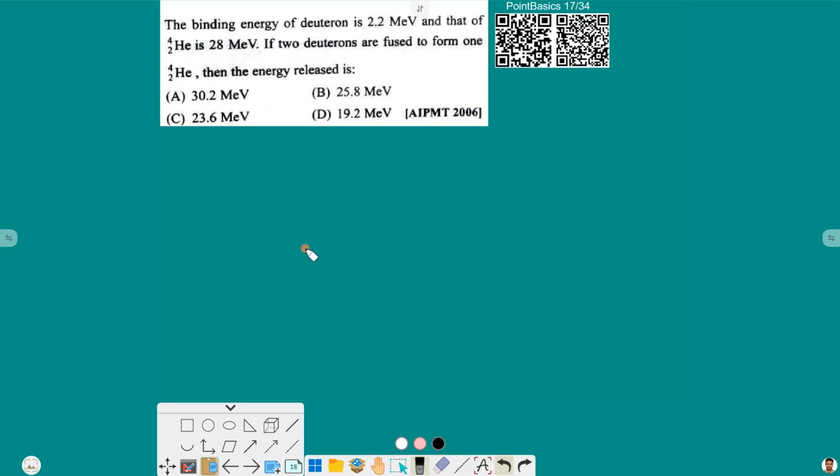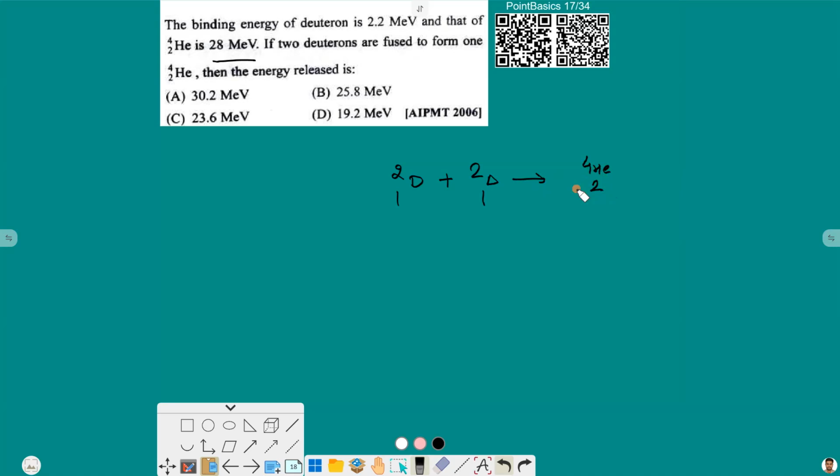Now the next one. Binding energy of deuteron is 2.2 MeV and that of helium is 28 MeV. If two deuterons are fused to form one helium, the energy released is? As mentioned here, we have fused two deuterons. Let us write for deuteron, that will be 2d1. It is basically hydrogen with one additional neutron, that's why I'm not writing H. So we have fused two deuterons and formed a helium atom.